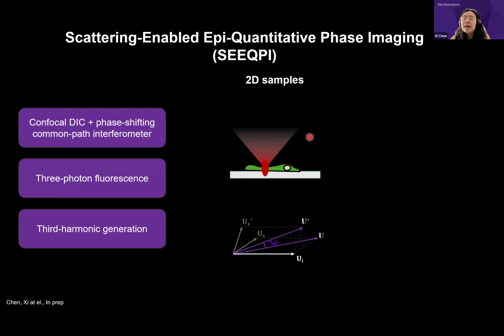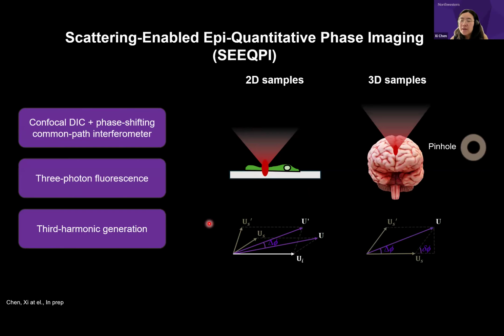With these 2D, incident-light-referenced samples, you construct the phase with the same algorithm as before, because previously, with transmission systems, you always had incident light coming through to the detector. So you have the same way of constructing the phase using the previously introduced algorithms.